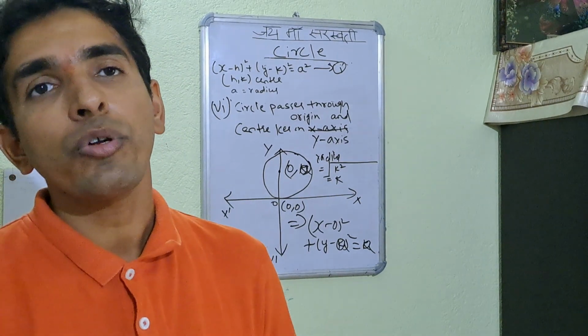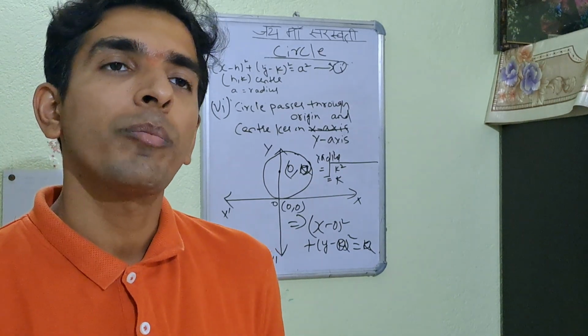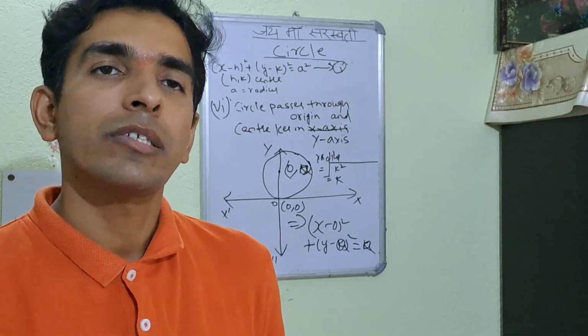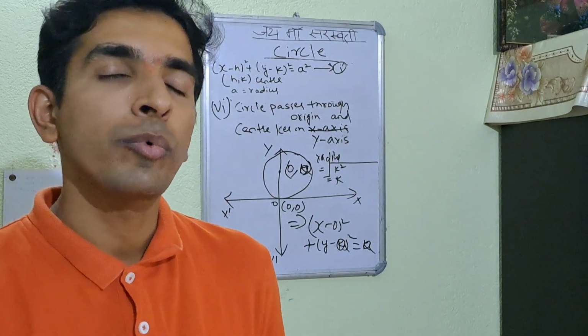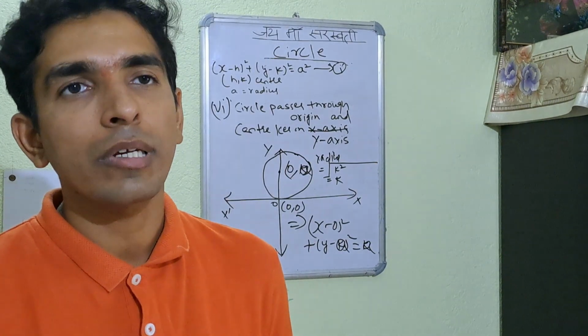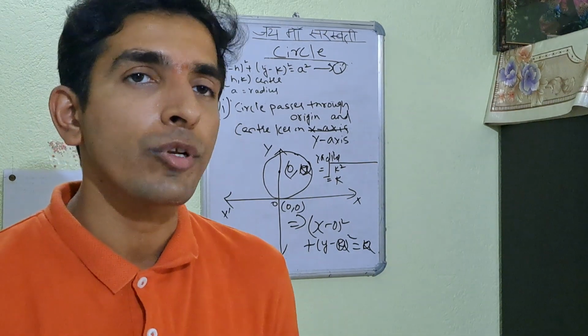How is the equation of the circle generated from these terms and conditions? Whenever the circle passes through the origin and the center lies on the x-axis or y-axis, whenever the circle touches both the axes, what will be the equation of the circle? Whenever the circle touches the y-axis, what will be the equation of the circle?